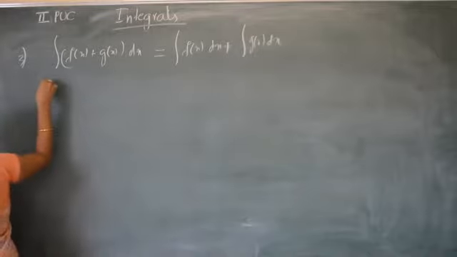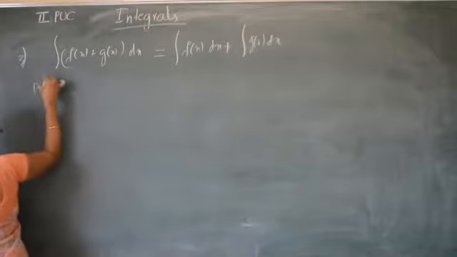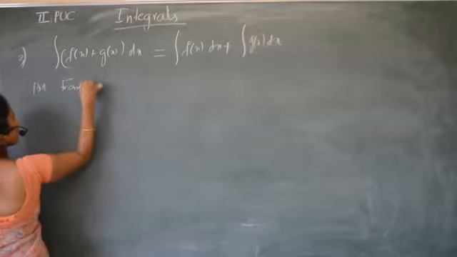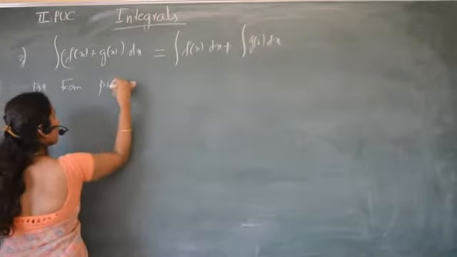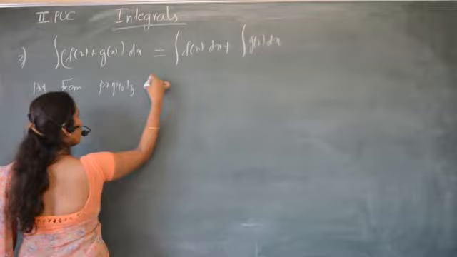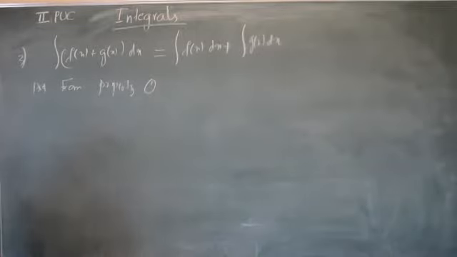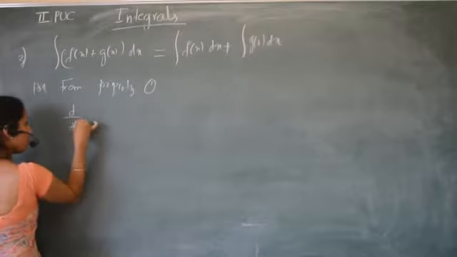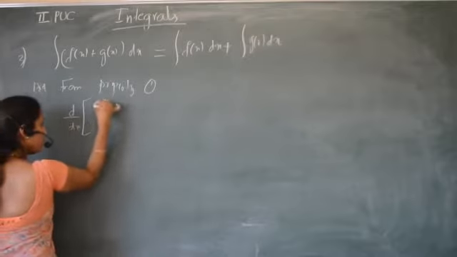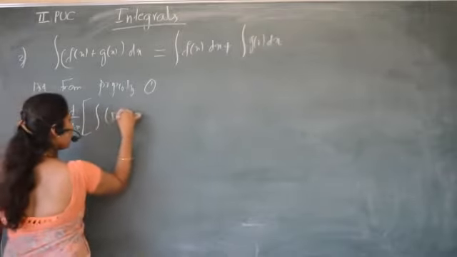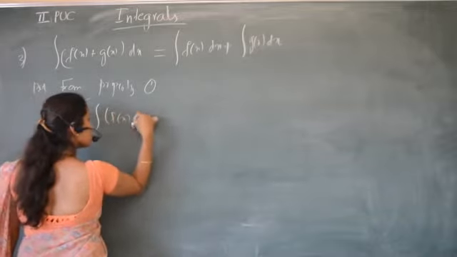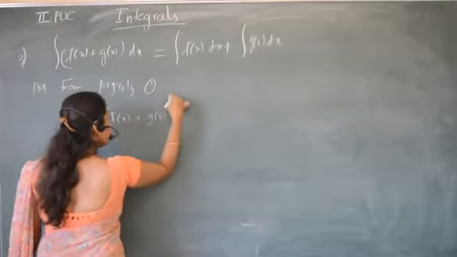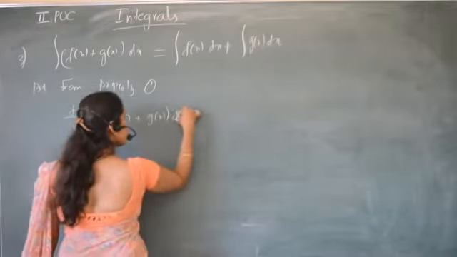Therefore, from the first property we can write the derivative of the integral of f of x plus g of x dx.